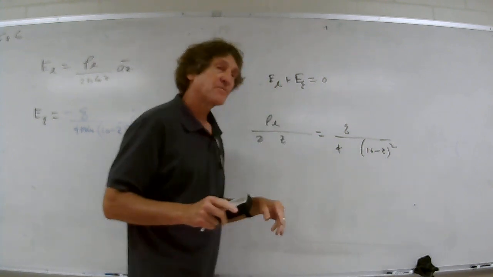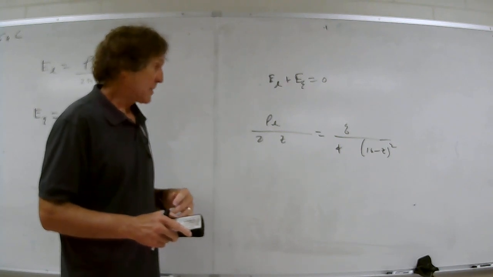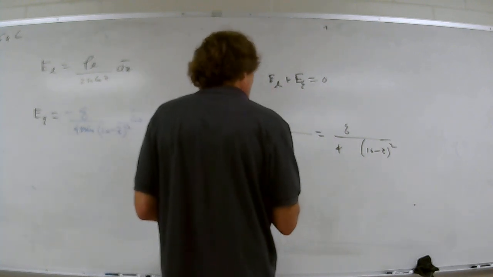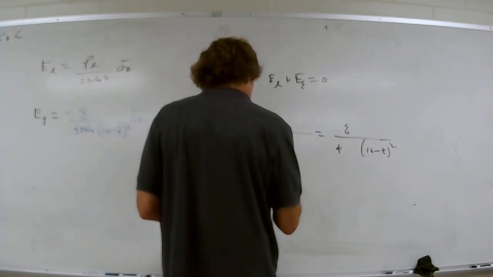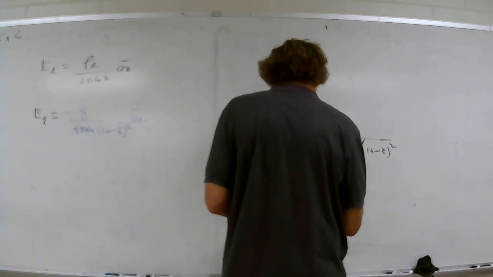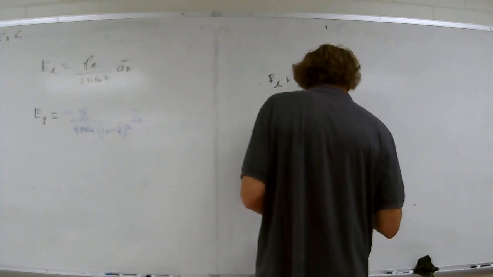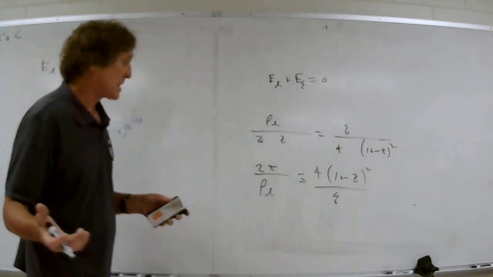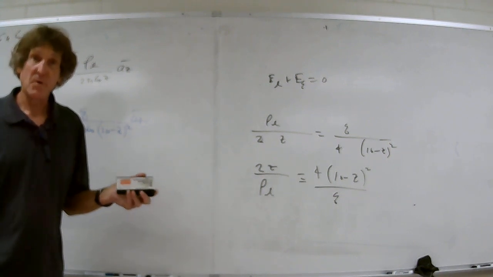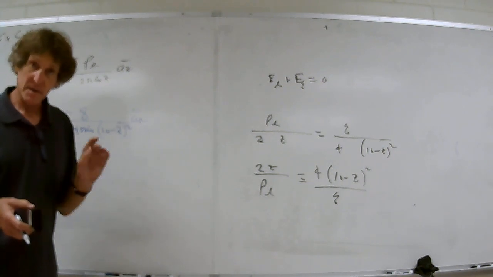Now after that, and this is totally up to you how you do it, I can flip both of these, because it's an equal sign, so I have 2z over rho_L is equal to 4 times 10 minus z quantity squared over Q. It's totally up to you how you do it. Do you all agree with this? You're solving a quadratic at this point. You're going to get 2 roots. One of them is allowed, between 10 and 0. The other one is disallowed because it's not between, it's negative.